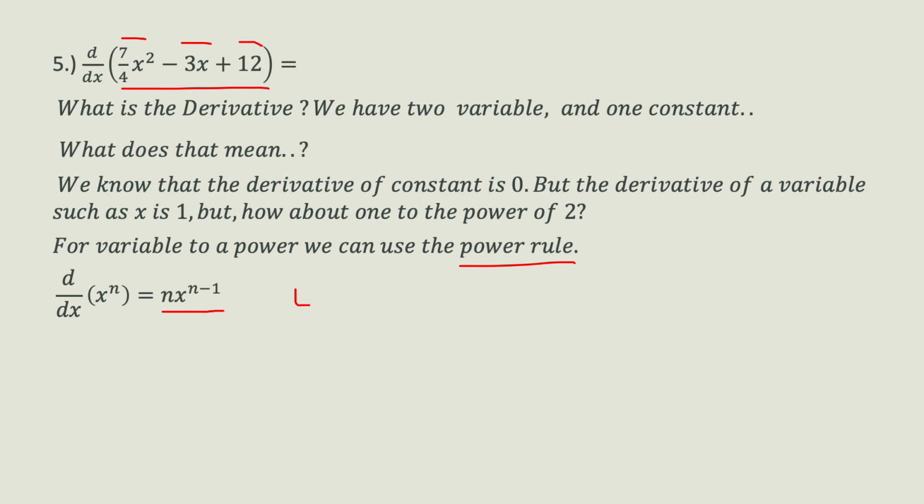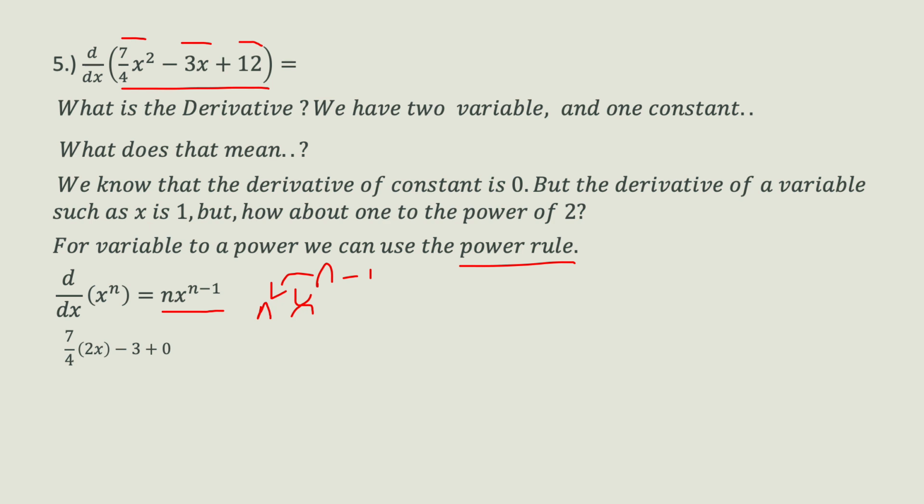So in our case, we move our 2 to the front, multiply that by 7 over 4, and x squared becomes x to the 2 minus 1, so it just becomes x to the first, which is just x. And for the second term, the derivative of negative 3x is just negative 3.